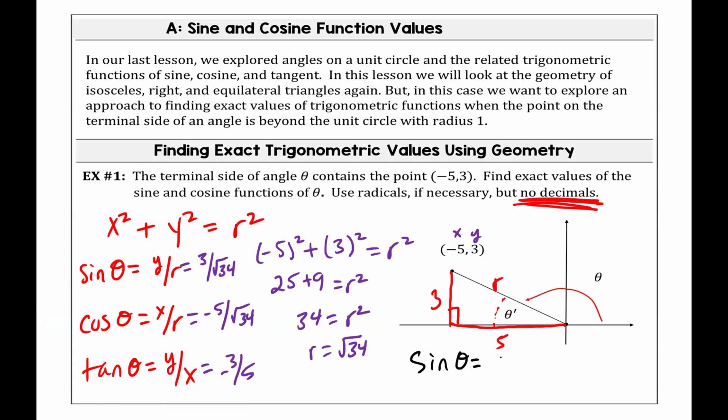So the sine of theta would be 3 square root of 34 over 34. The cosine of theta would equal -5 square root of 34 over 34. That would give you full credit. These would give you partial. These would give you full.